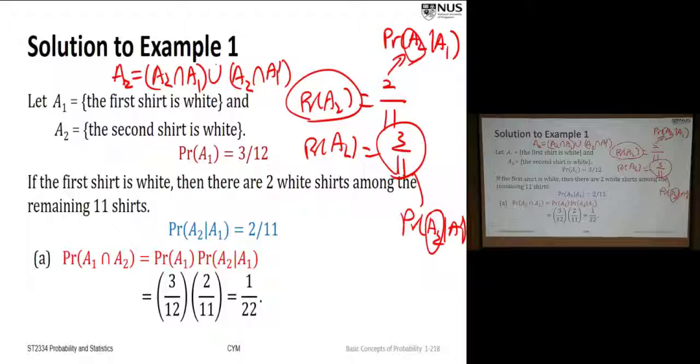All right? So you have to multiply 2 over 11 by the probability of A1. Then the second one, you have to multiply by the probability of A1 complement. In order to get this probability, you have to multiply this by probability of A1. In order to get this probability, multiply this with probability of A1 complement.